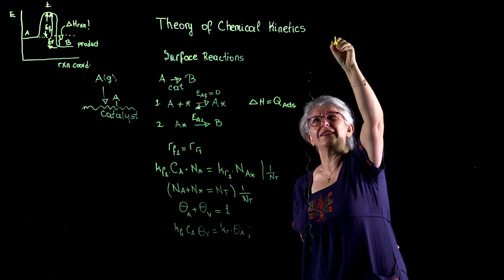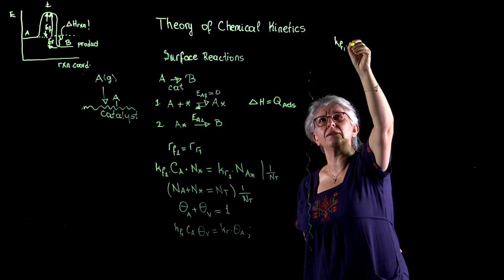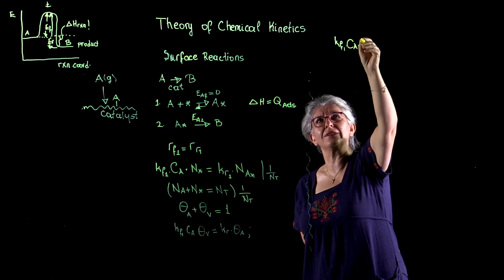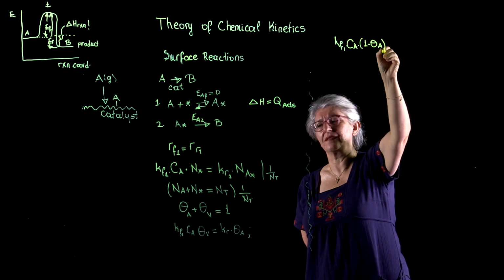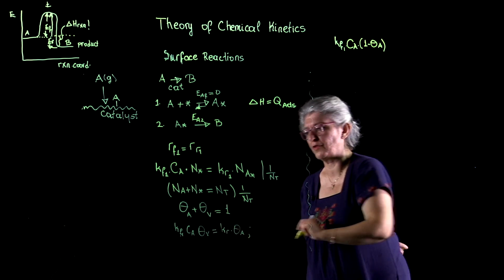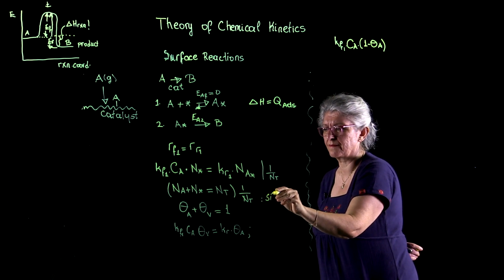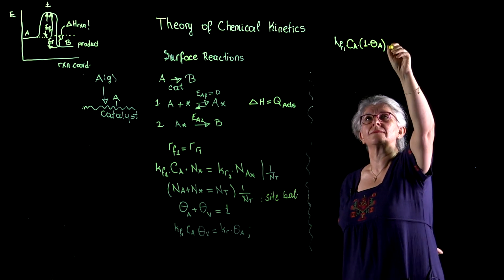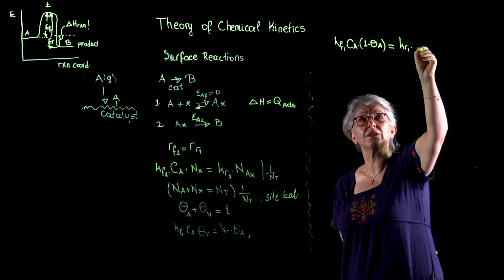So I have k forward 1 times C_A times 1 minus theta A. I substituted for theta vacant from what we call the site balance, to be equal to k reverse 1 times theta A.